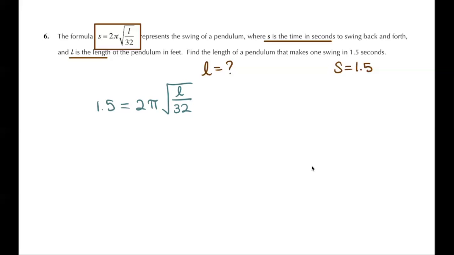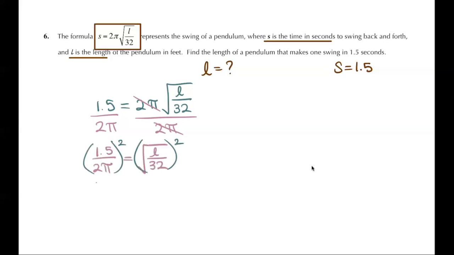So what else is with it? The 2 pi. So how do I get that to the other side? Would you divide the 2 pi? Yeah, there you go. So let's get that radical by itself. Divide the 2 pi. Perfect. Now the radical is all by itself, right? I just have the radical. So what can we do now? You square it now. Yeah, now you can square it.